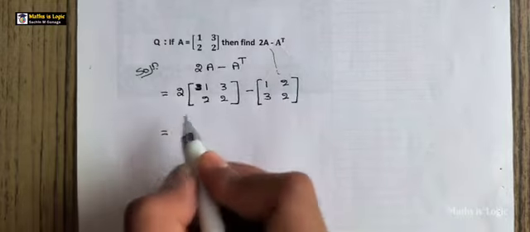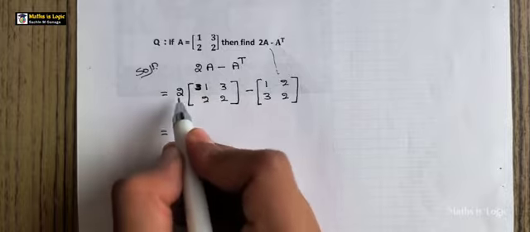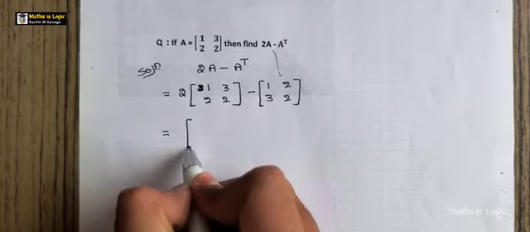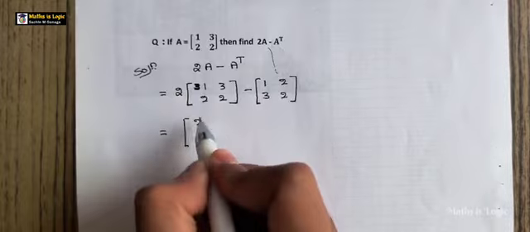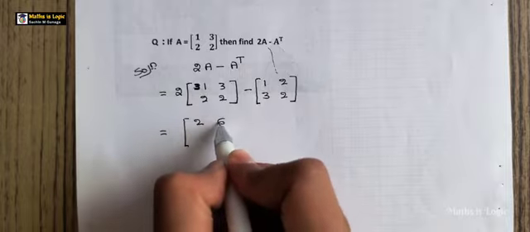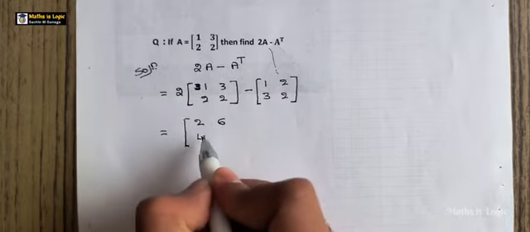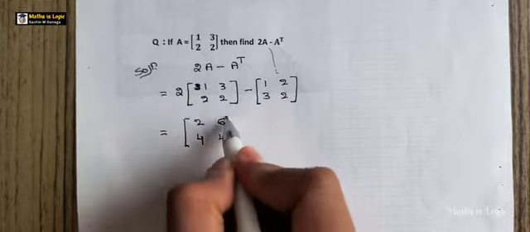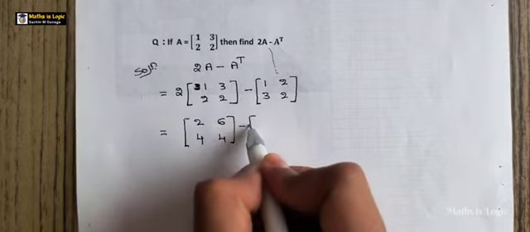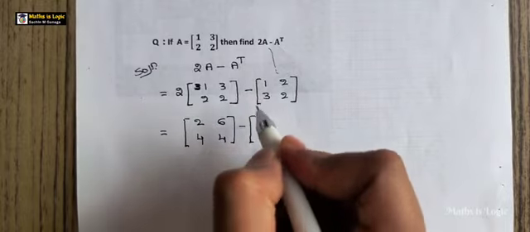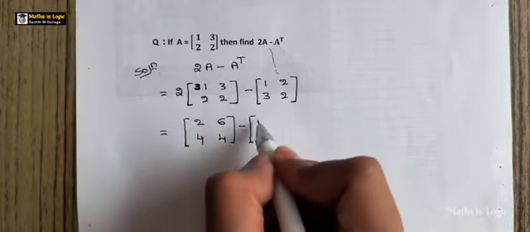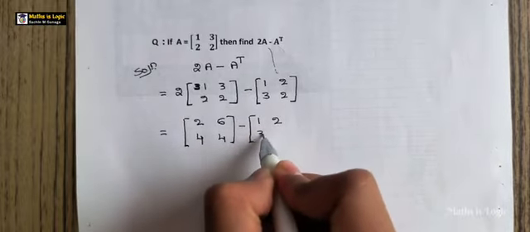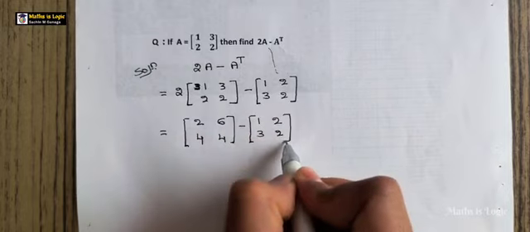Next, which is equal to, now multiply this matrix with the number 2. So 2 into 1 is 2, 2 into 3 is 6, 2 into 2 is 4, 2 into 2 is 4. Next minus, keep this matrix as it is because here the number is not there. [1 2; 3 2]. Now subtract.